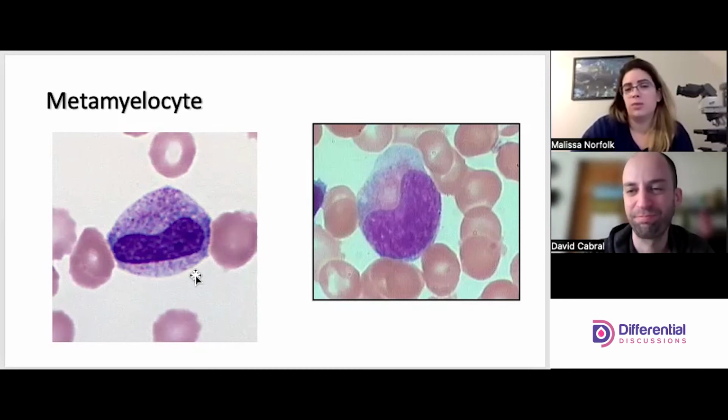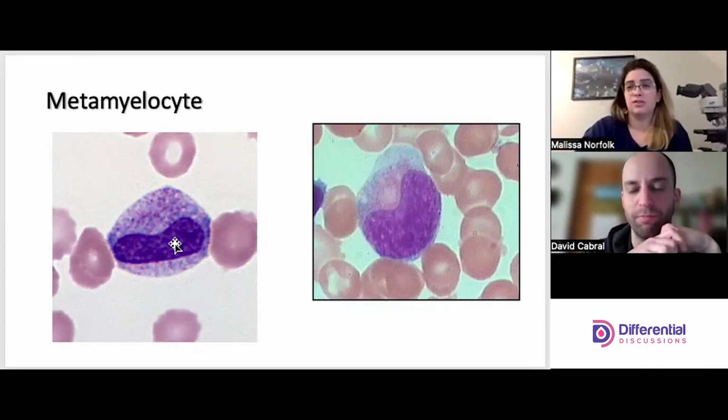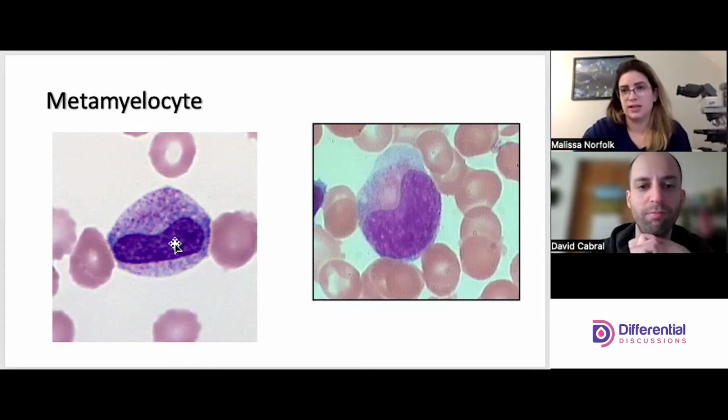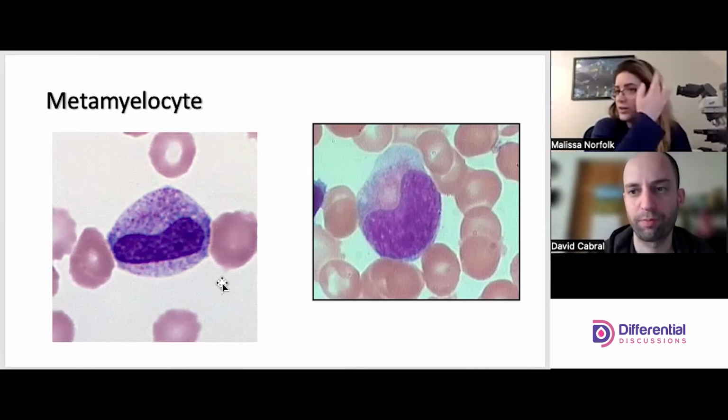But really, other than that, we're done. We're mature in the cytoplasm here. The cytoplasm is as mature as it's going to get. And so the nucleus now, its responsibility is really just to clump off and segment into what we traditionally know as a neutrophilic nucleus.